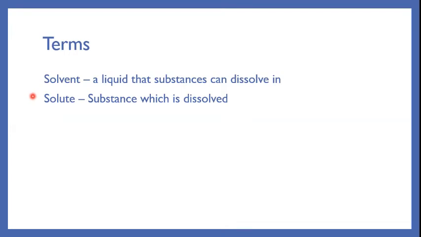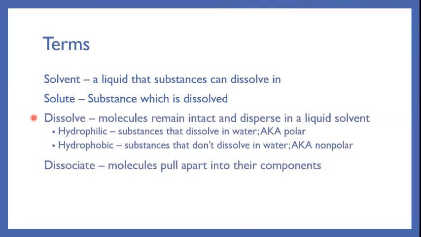A solute is a substance which is dissolved. If we added table salt to water, table salt would be the solute and the solvent would be the water. When we say dissolve, it means that the molecules remain intact, but they disperse in the liquid solvent.